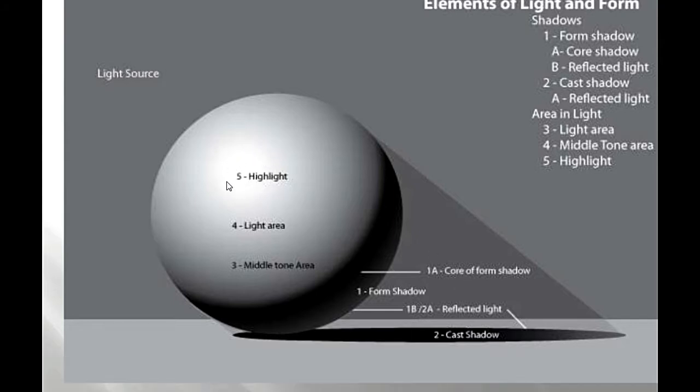Number 5 is the lightest area here. And then it gives tones or values going darker. Here at number 4, number 3, and then here is the core or form shadow. And the cast shadow here.